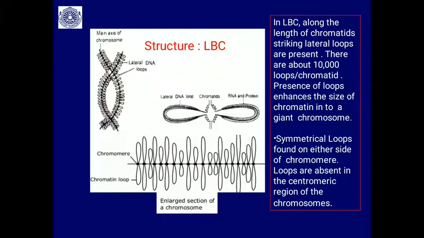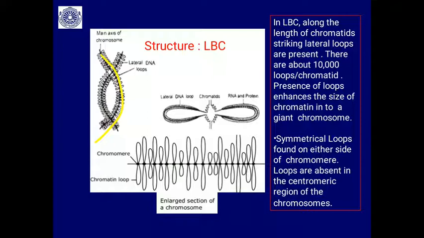What is the structure of this Lampbrush chromosome? Along the length of the chromatids you see striking lateral loops. There are about 10,000 loops per chromatid. The presence of loops enhances the size of the chromatin into a giant chromosome.